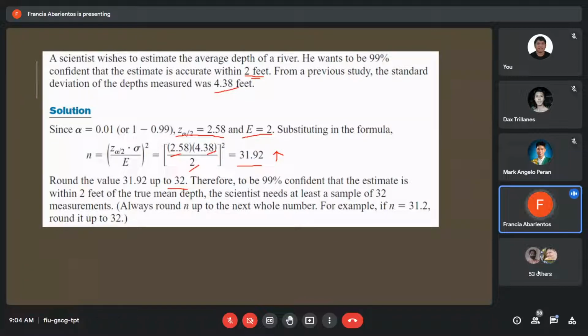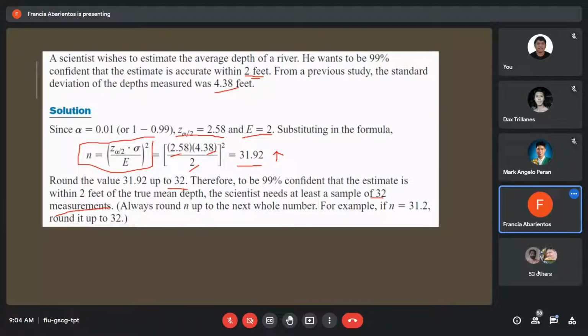Ayan. So kailangan natin ng 32 measurements. That is needed. Ayan. So this falls under the sample size determination.